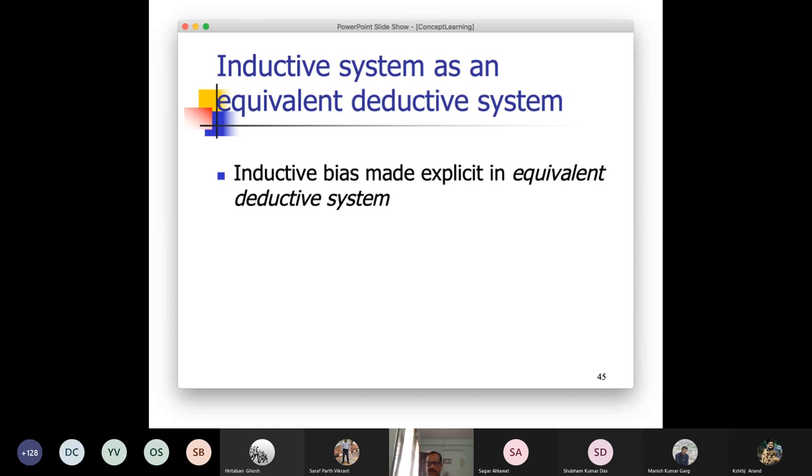Say for example, suppose you have data points in two-dimensional space, and given the value of x, you are predicting the value of y. So you would like to determine the value of y.